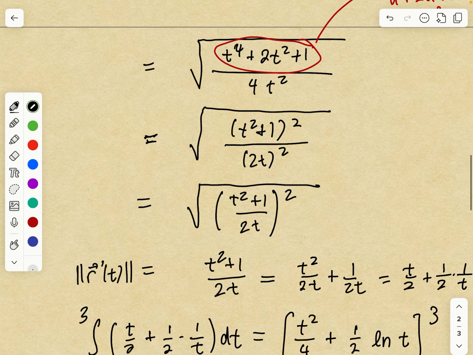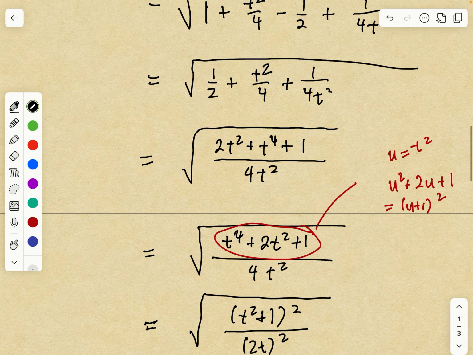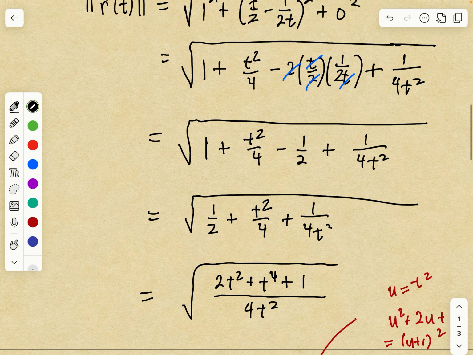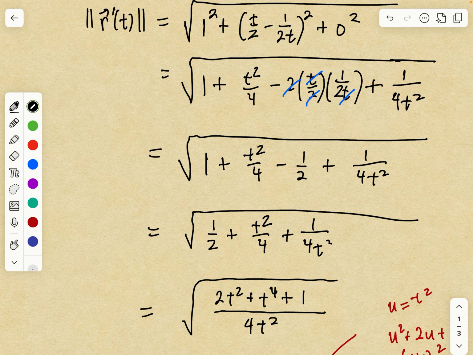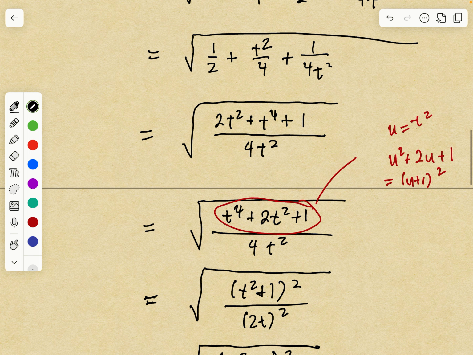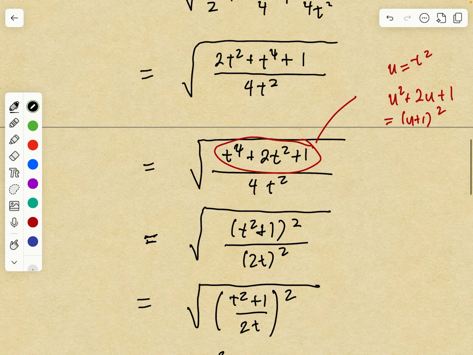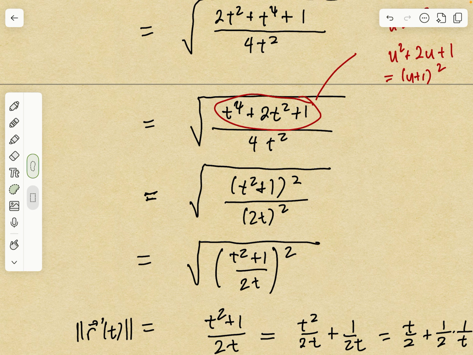The hard part is figuring out how to simplify the magnitude of r prime of t. And the idea is to get everything in terms of a common denominator, and then recognize that this expression can be factored as t squared plus 1 in parentheses squared.